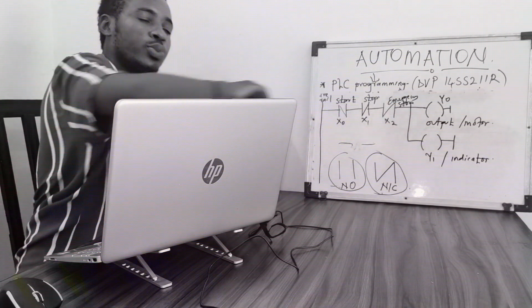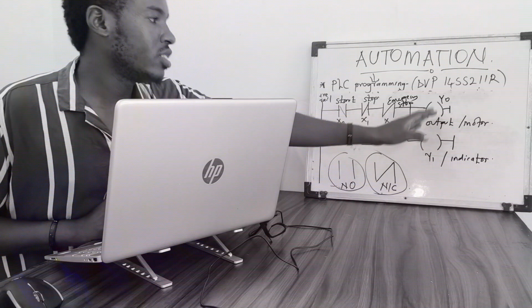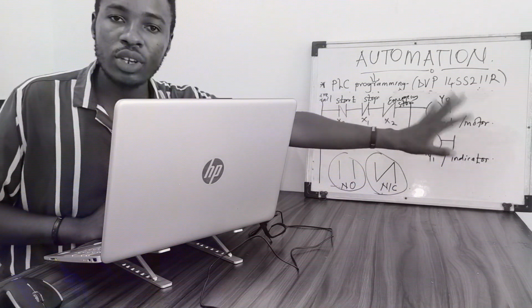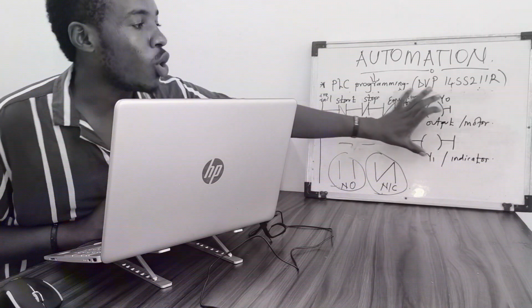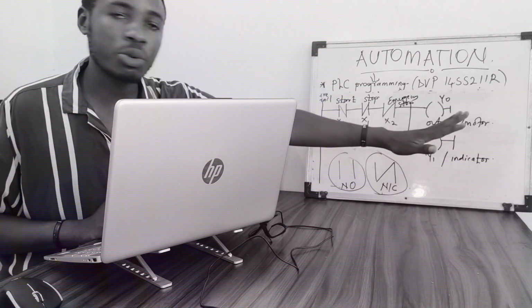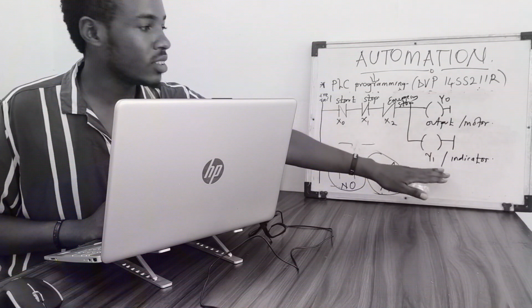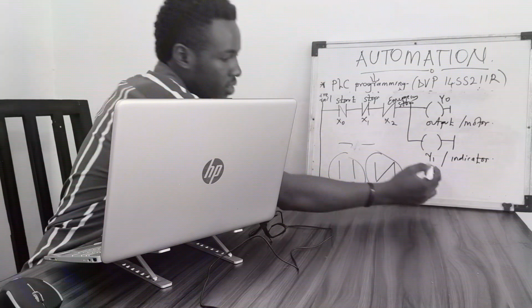So our output is going to get power. As well, the motor is connected in parallel with the indicator, so these all are going to be getting power. Your pump or your motor will run, as well as the indicator. Let's say it is a green light.